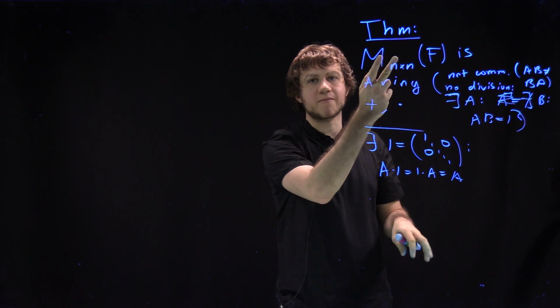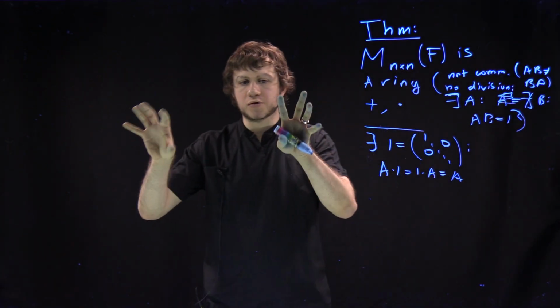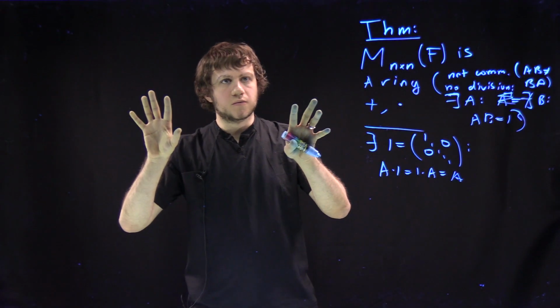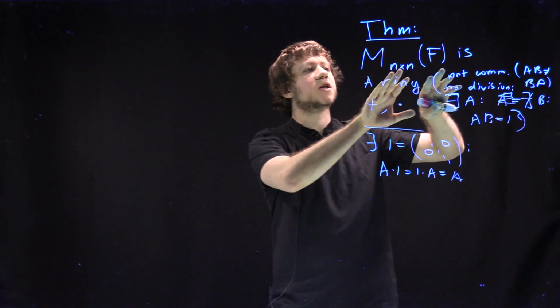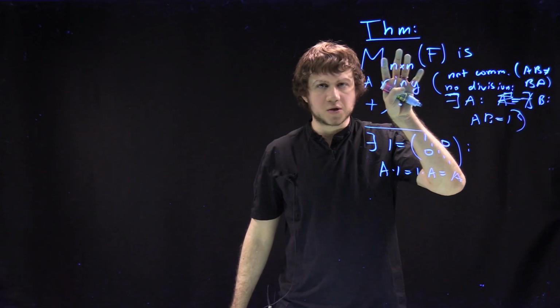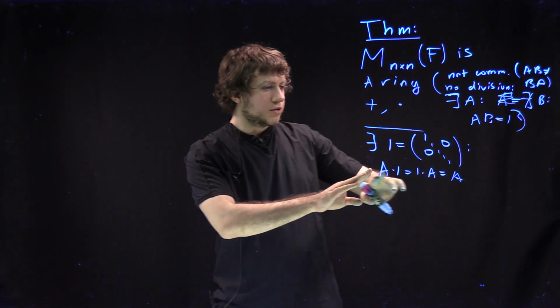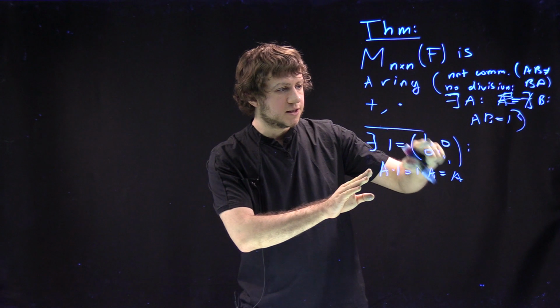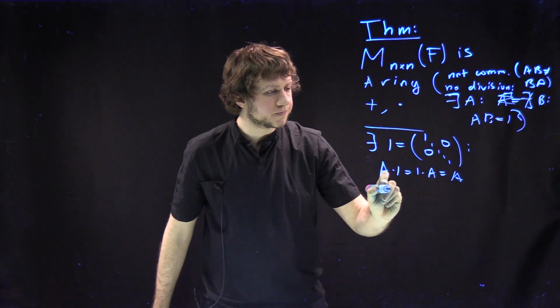So this operation actually makes sense, because a priori when you multiply two matrices, you get a third matrix of different size than either of those. But when they are square matrices, everything is fine. So this is one property, and the identity has all ones on the diagonal, and that's it.